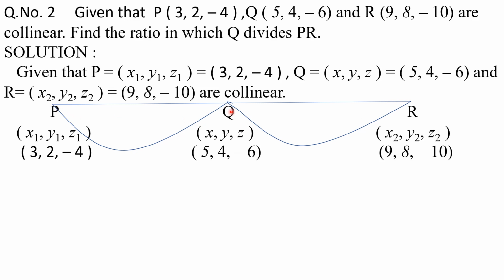P is x1 comma y1 comma z1, Q is x comma y comma z, and R is x2 comma y2 comma z2. Here Q may be anywhere, not only between the points P and R. It may be an external point or an internal point. But in general, we take it between the 2 points only. Understood this diagram? Right.